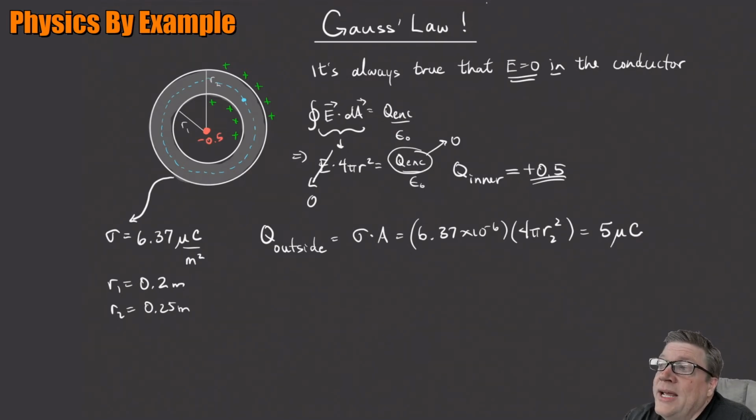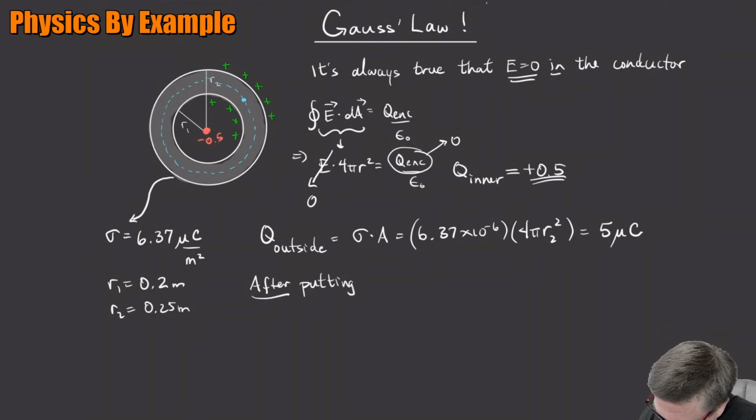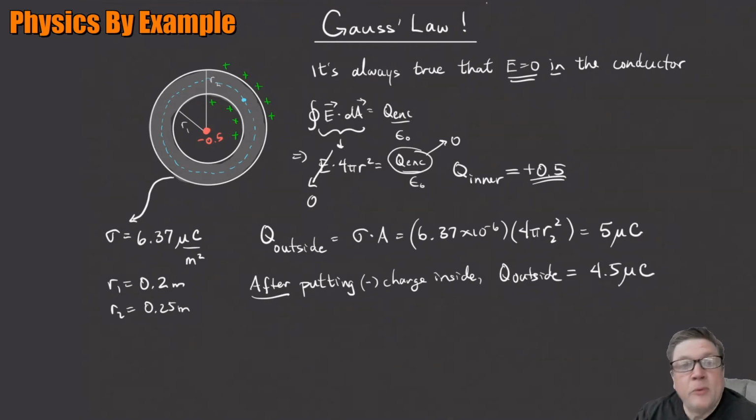Okay, so what happens is that 0.5 of that has now been pulled to the inside. So after the negative charge inside, Q outside is now equal to 4.5, because half of a microcoulomb, 0.5 microcoulombs, has now been pulled to that inside surface, so I have less on the outside.